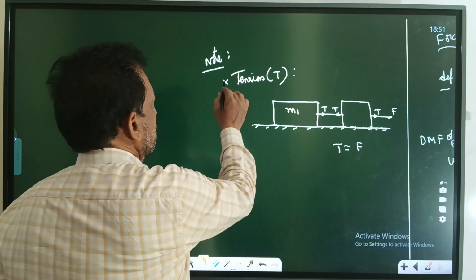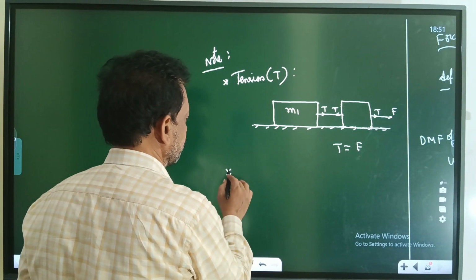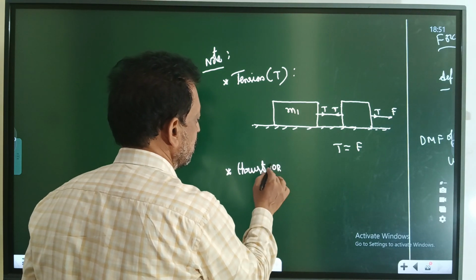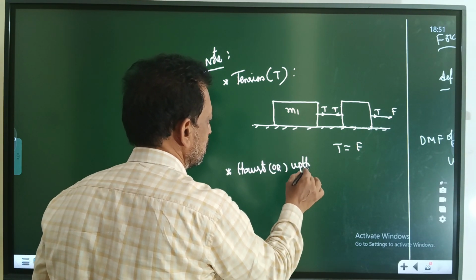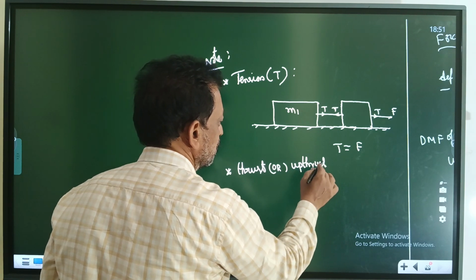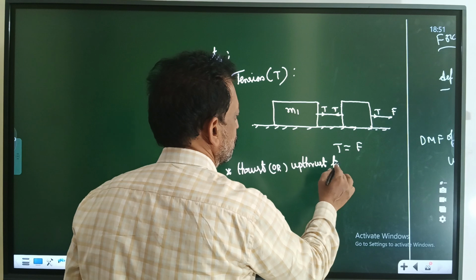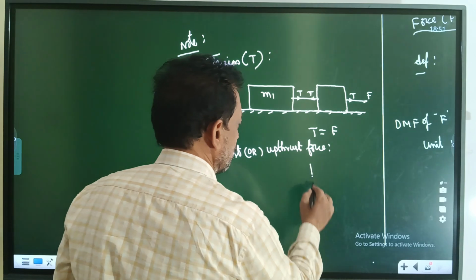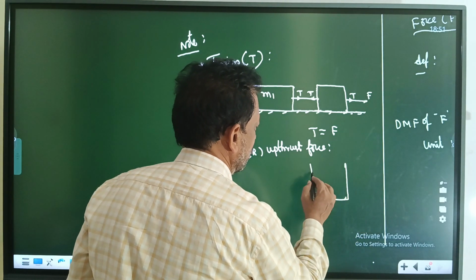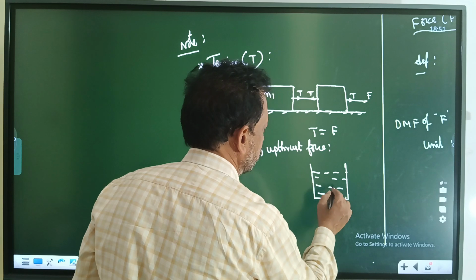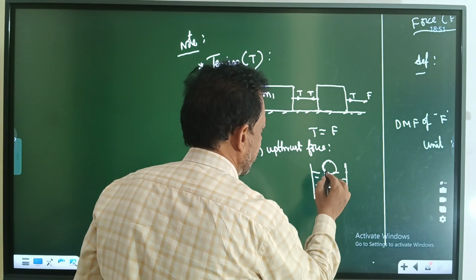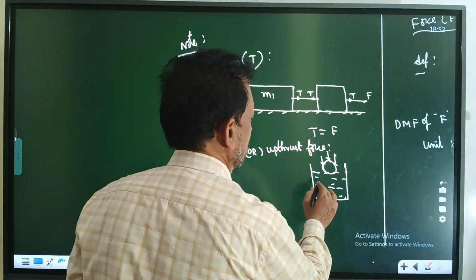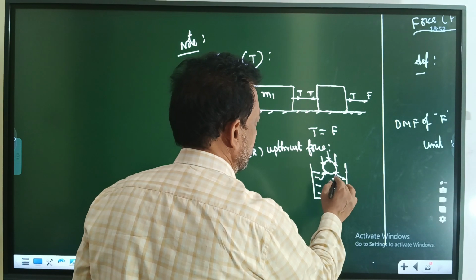Next, thrust, or upthrust force. Generally, if you take a liquid or fluid, say water, and I try to push a ball into it, an upward force acts in the opposite direction.